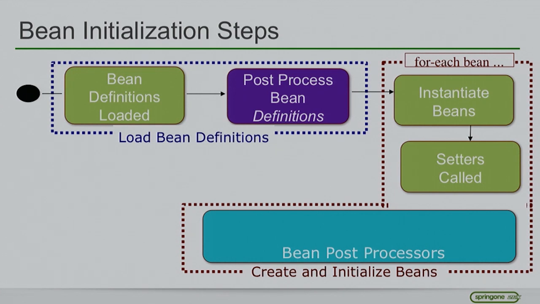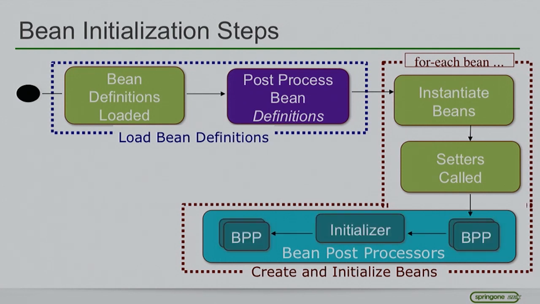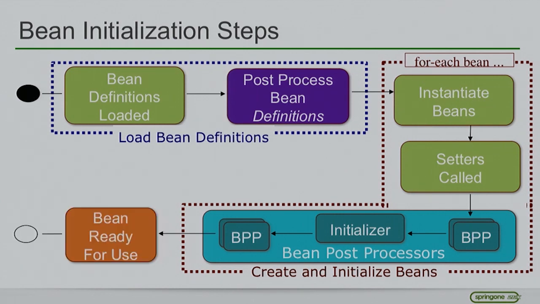By difference, what bean post-processors do is they operate on one bean at a time. Now we're going to go through a demonstration here shortly where I'll show you exactly what's going on. Okay? So bean post-processors operate on objects that are already instantiated. And there are actually 3 intermediate steps that take place throughout that bean post-processing step. We're going to explode that in a little more detail when we get into that phase. Okay? Any questions on that life cycle so far?